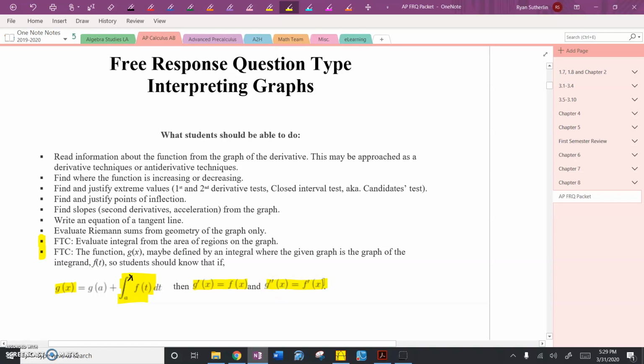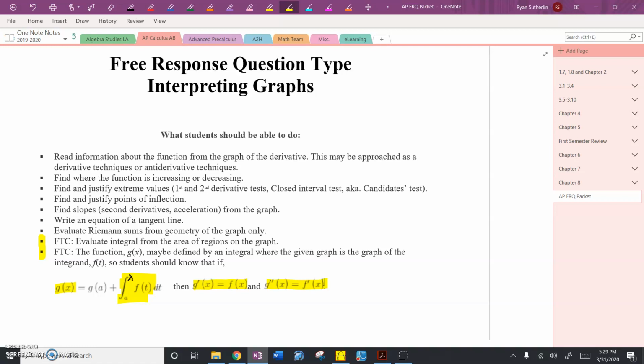and then the second derivative would then just be f prime of x. Now, when you're doing these problems, the other item I would point out is to use the information that you have in the graph to answer the question. If the question asks you about concavity or the points of inflection, and you're looking at the graph of the first derivative, use what you know about the first derivative to answer those questions.